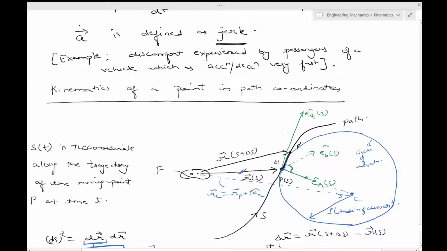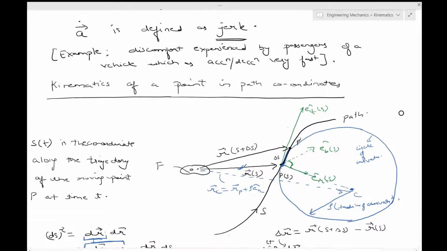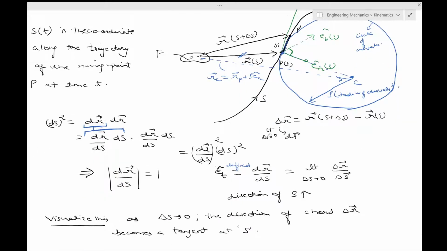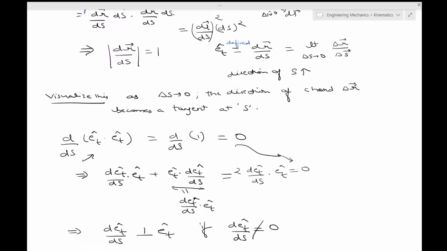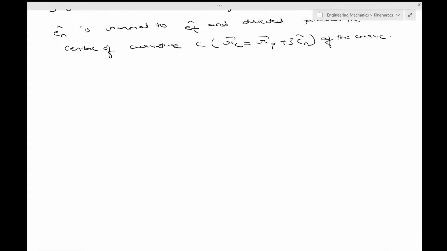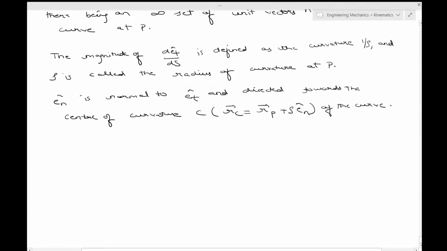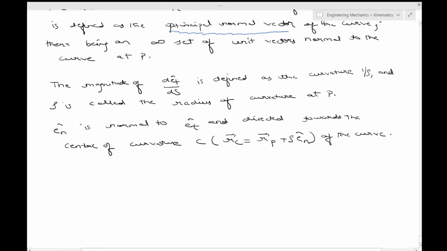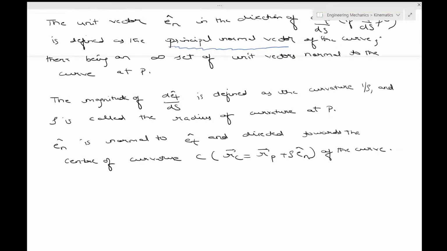That's where we say En is the normal to Et and directed towards the center of curvature C of the curve.